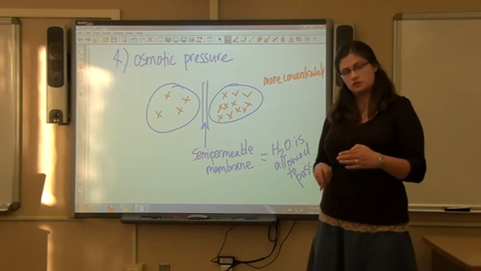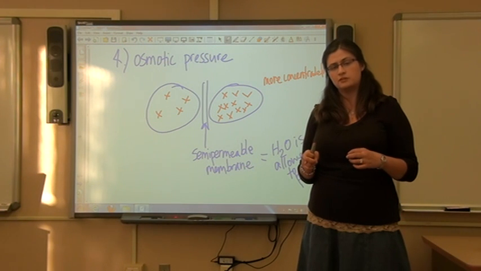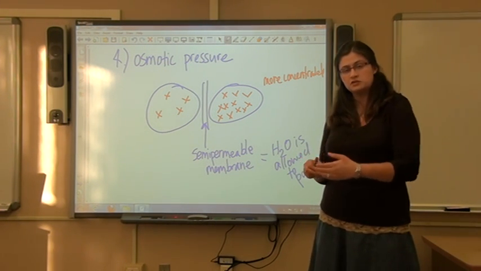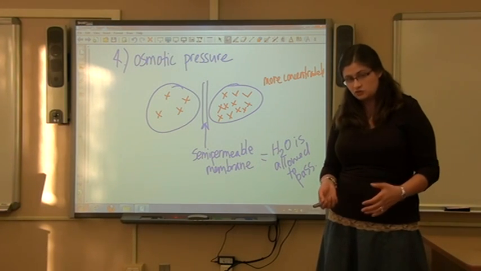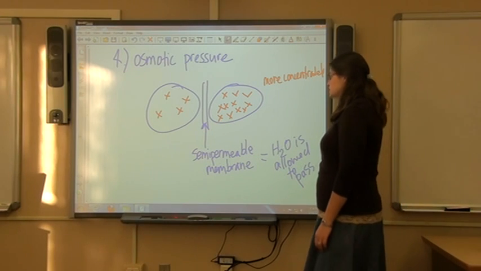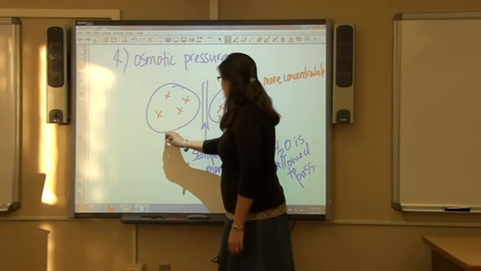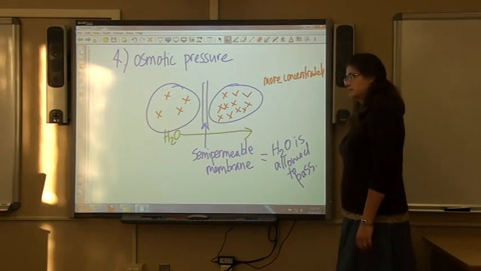If you have two solutions separated by a semi-permeable membrane, water will flow in between the two solutions in order to equalize the concentration. So which way will the water flow? The water is going to flow from left to right.